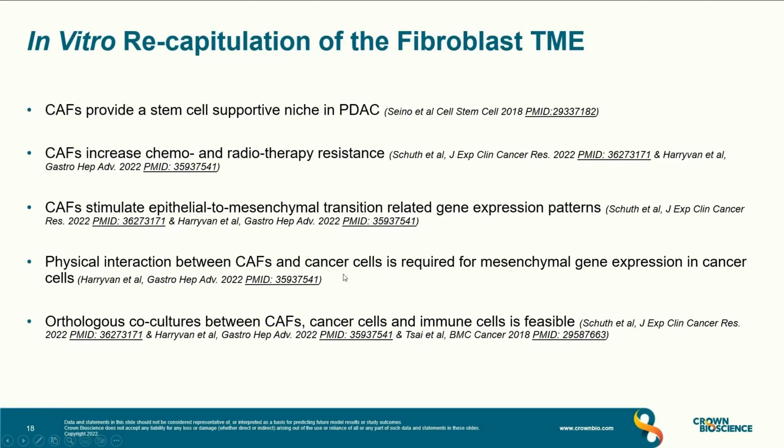They are published to show a physical interaction with tumor cells, and this also contributes to tumor growth. We now already have multiple examples of autologous co-cultures between CAFs, cancer cells and immune cells, so triple co-cultures that are able to study the interaction between the different compartments of a tumor.